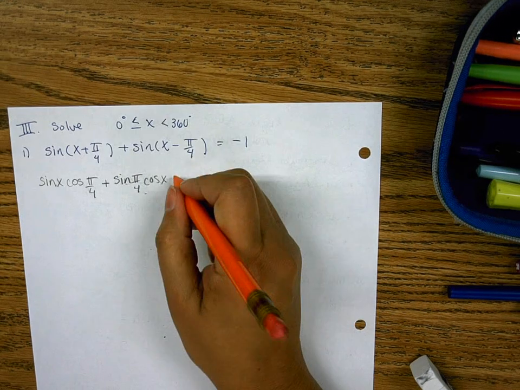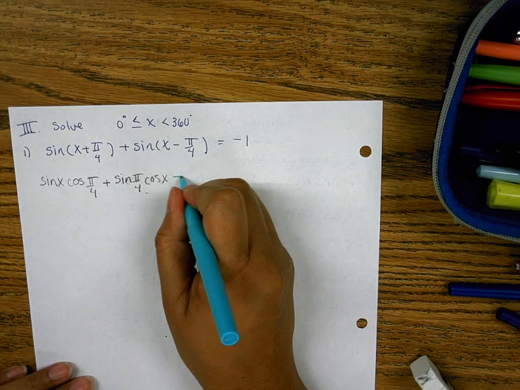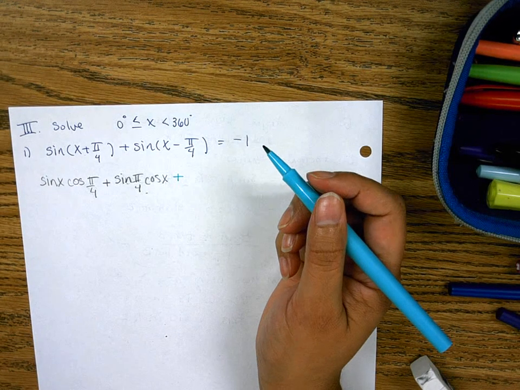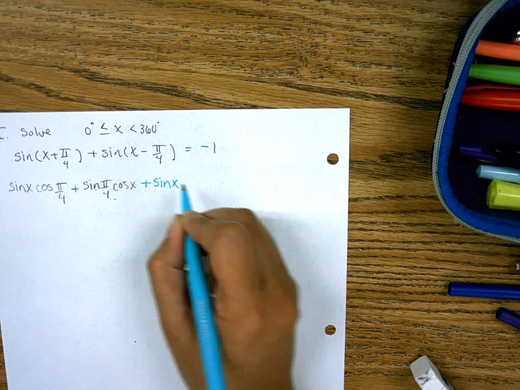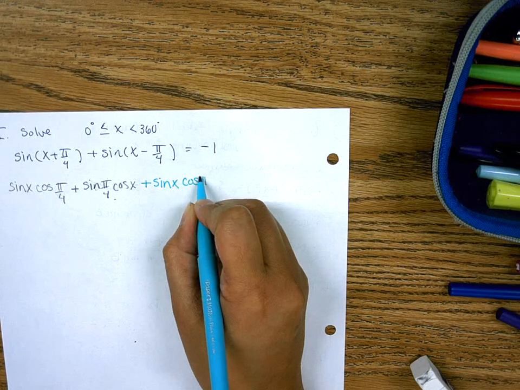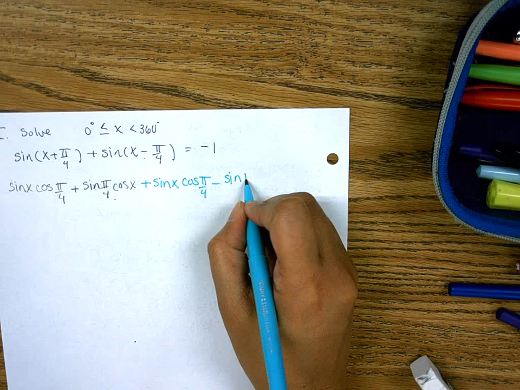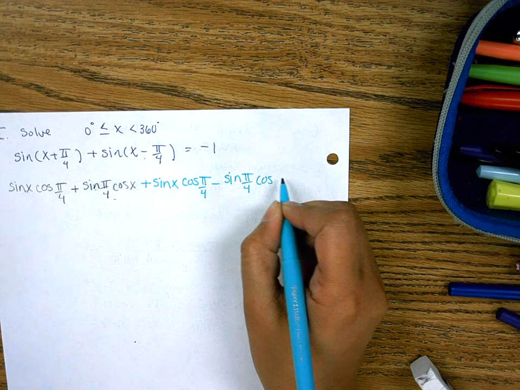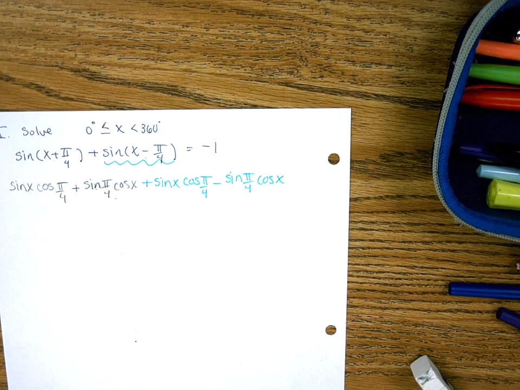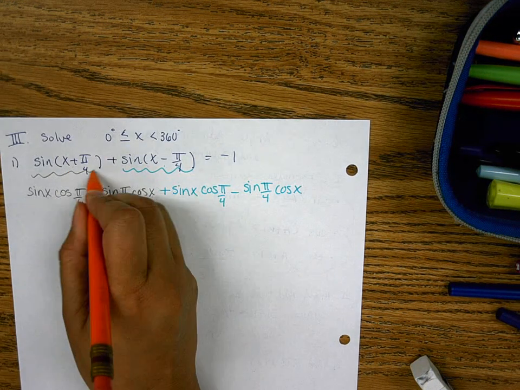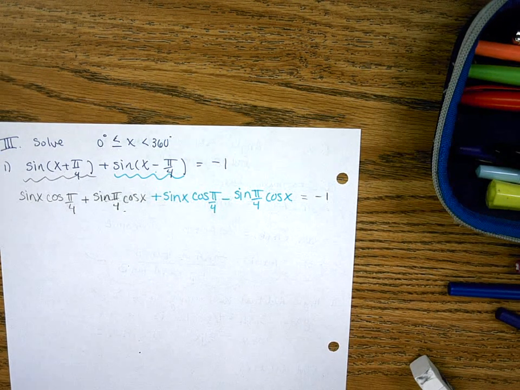Okay, plus, I'll change colors now, plus, because it's addition, I don't have to worry about distributing a negative, so I'm just going to put the plus. Expand sine of x cosine of pi over 4, take away sine of pi over 4 cosine of x. So this one expanded is here in the blue color ink. This one here expanded is there in the pencil. And it all still equals -1.